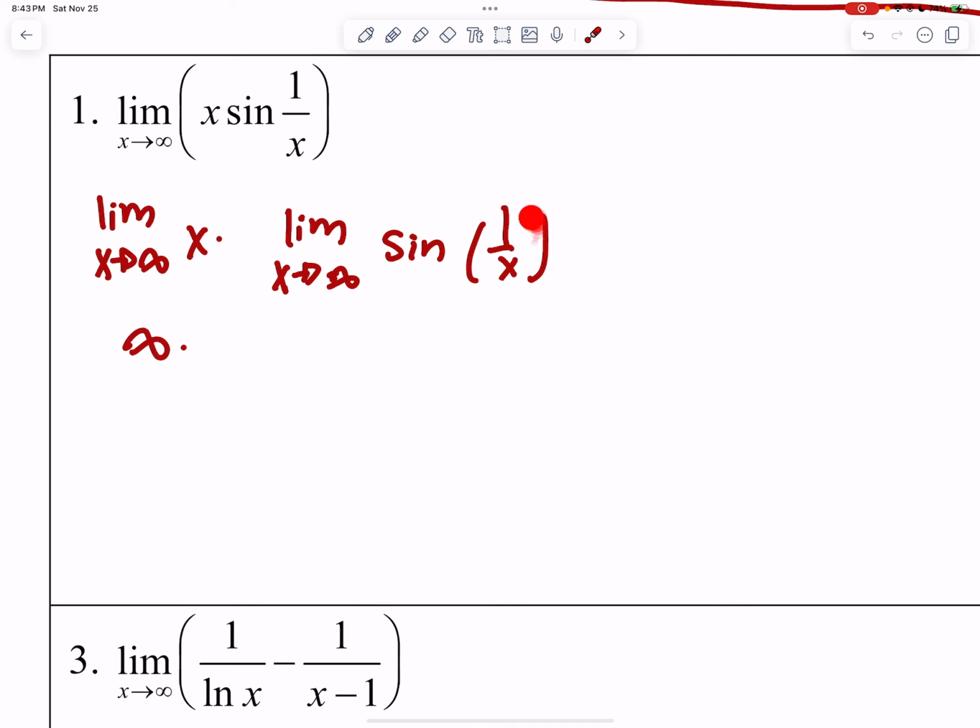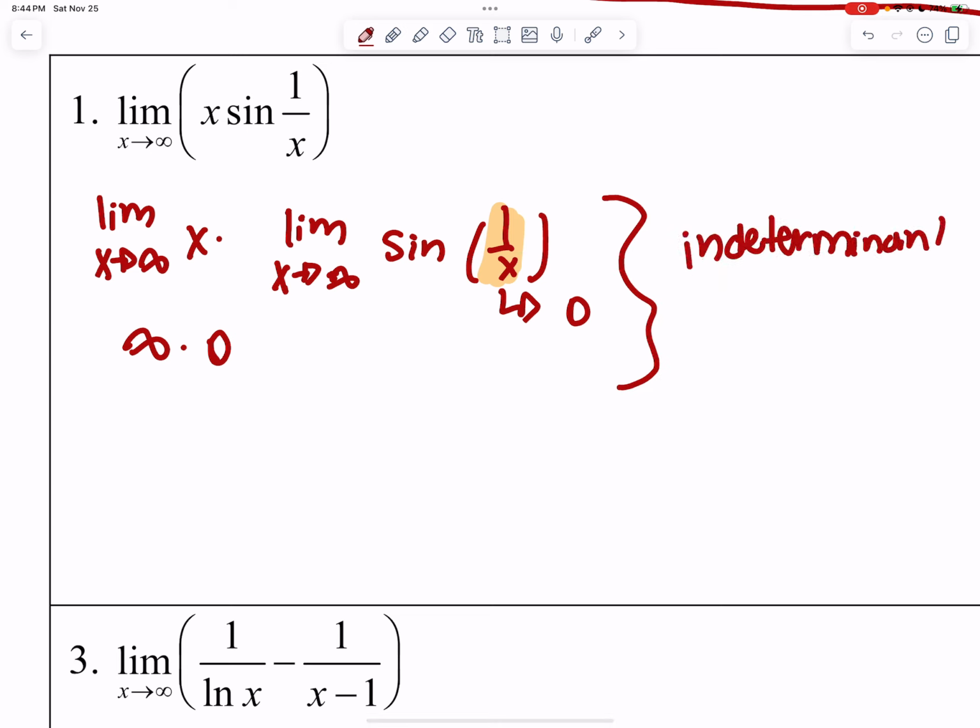So this essentially is a sine of 1 over some very big number, meaning that my argument is going to turn into 0. So this is going to be 0. And then sine of 0 is going to be 0. Since we have infinity times 0, this is indeterminate. Since this is indeterminate, we have to use L'Hopital's.